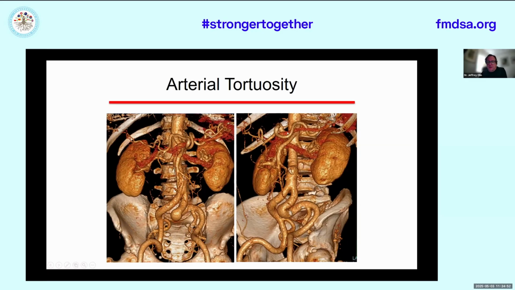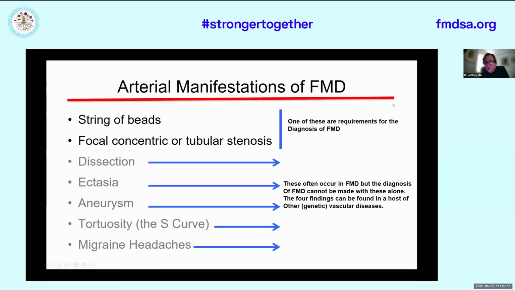And this is an artery from a man whose brother, before he came to see me, just had a type A aortic dissection and had it repaired, and he lived through it. And now this gentleman has severe arterial tortuosity, which some say increases his risk of a dissection.